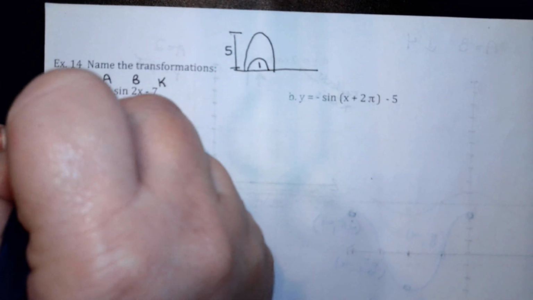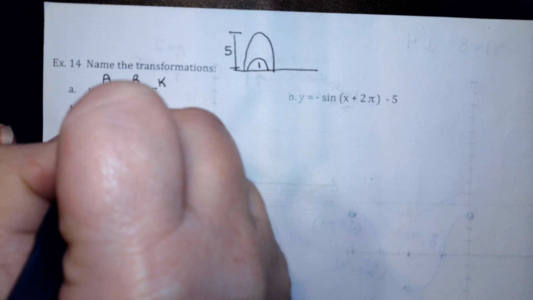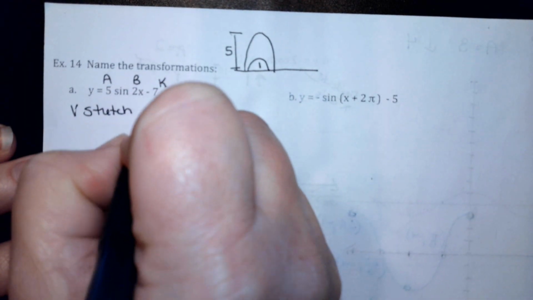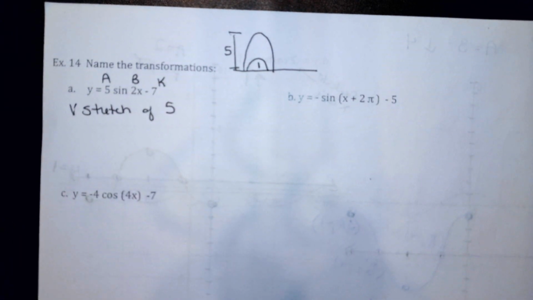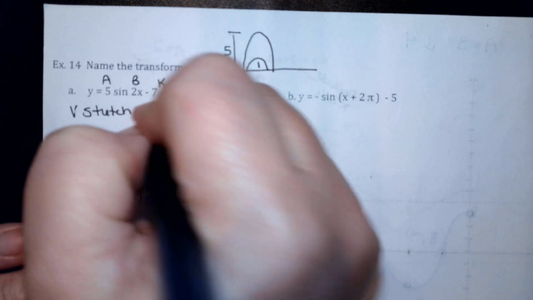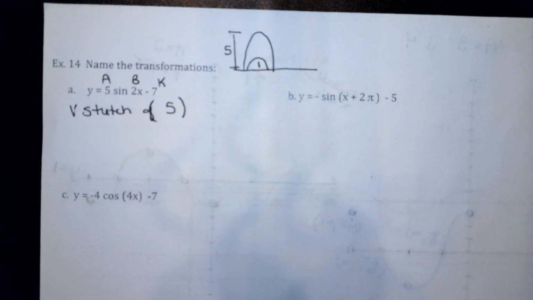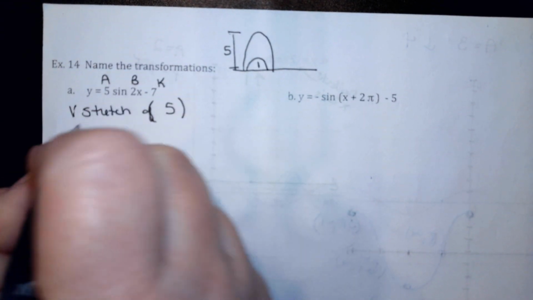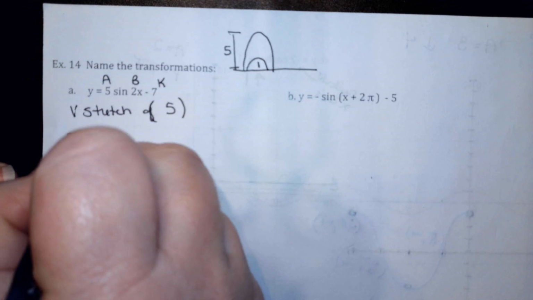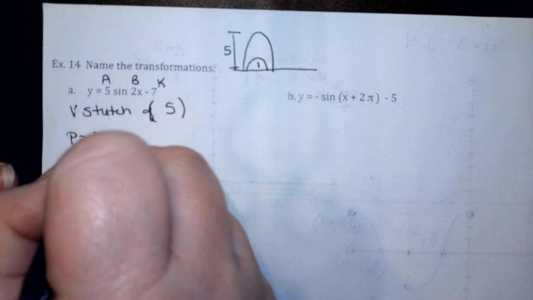So here we're going to say we can have a vertical stretch of 5. Well, I'm just going to put 5 in parentheses. All right, for the period, it's 2 pi over b, and our b is 2.